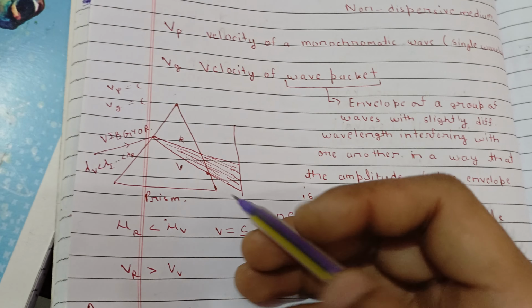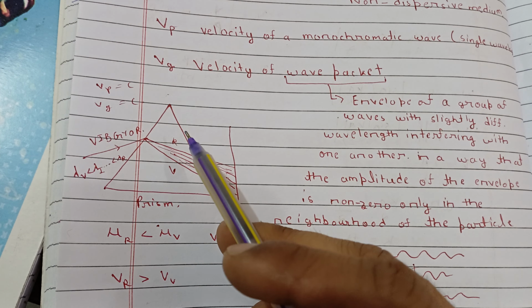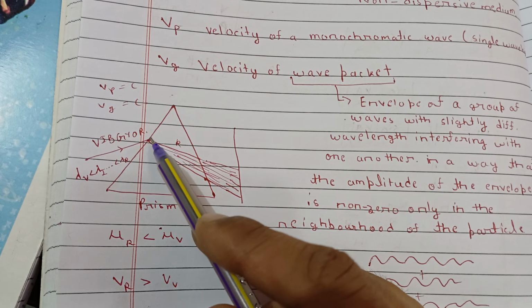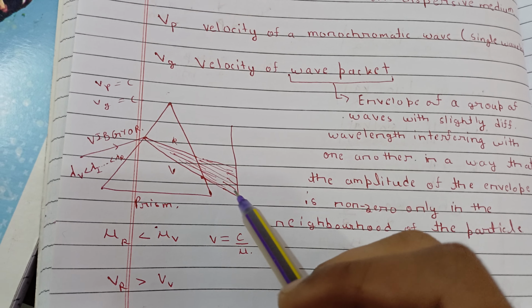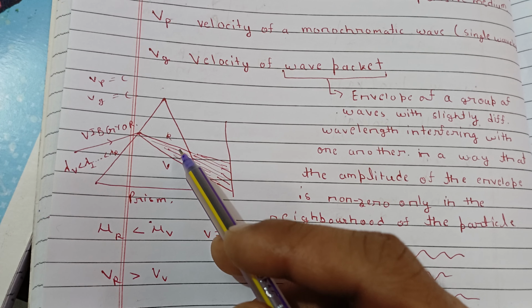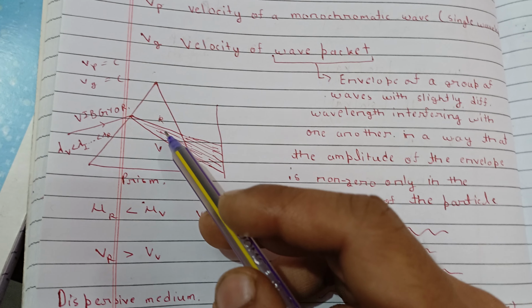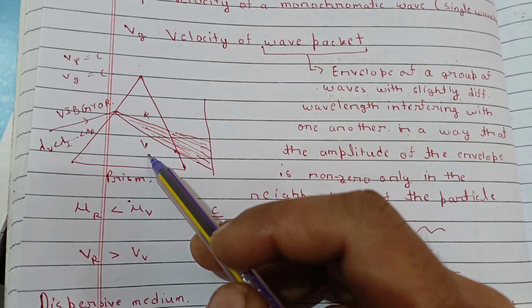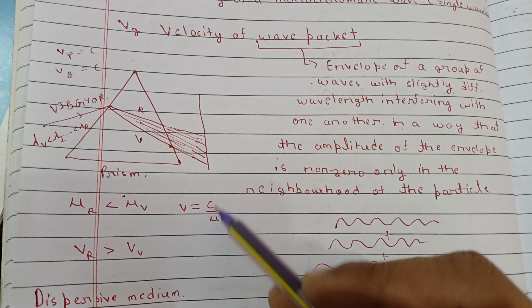These are nothing but just like we see in a prism. We know that when a single beam of visible light comes into the prism, it gets divided. For red color the wavelength is very large, that's why its refractive index is very less, and the speed of light is greater for red and lower for violet, because speed is related with c by mu.